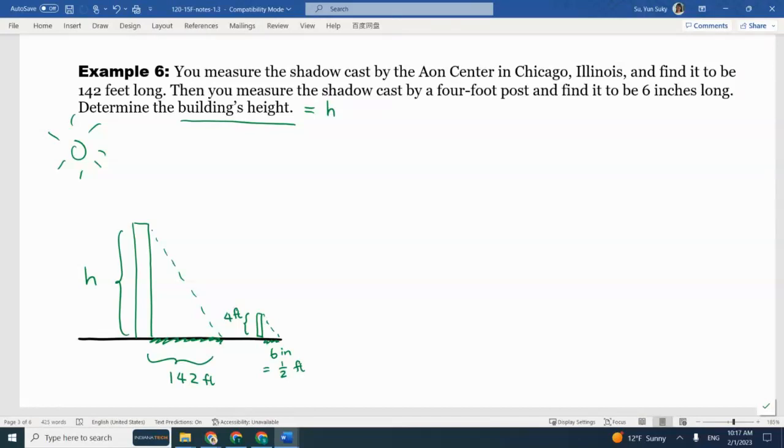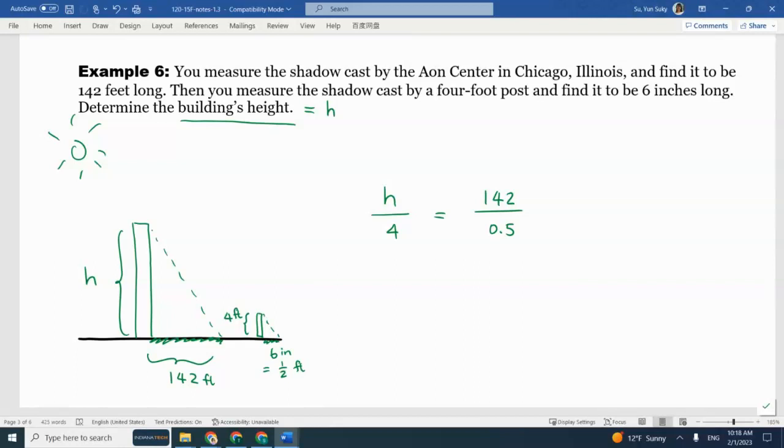Do you see h? What's the corresponding side? 4 feet, right? And then here, the corresponding side is this one. So we put h over 4, and 142 over the corresponding side. Can I put 0.5? Is that 1/2? Yeah.